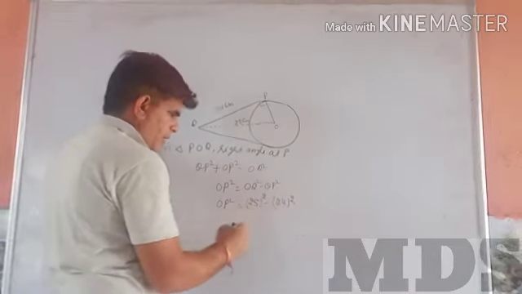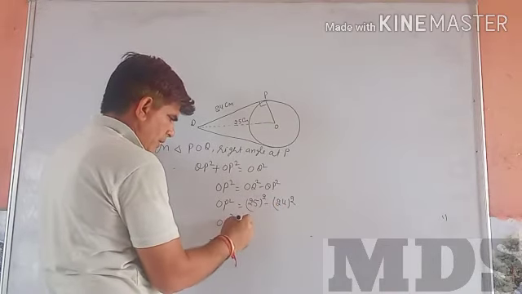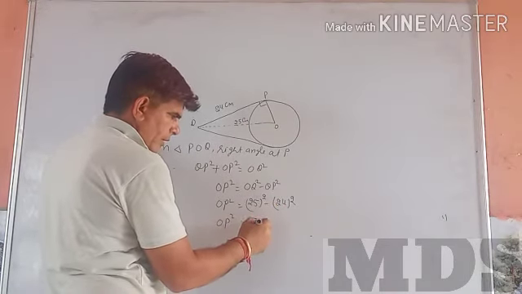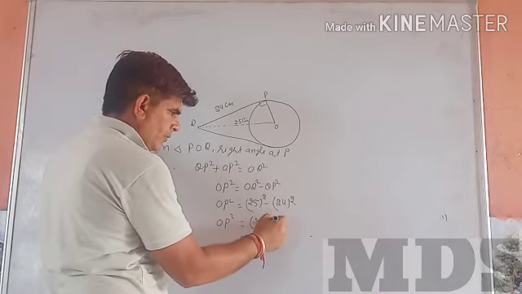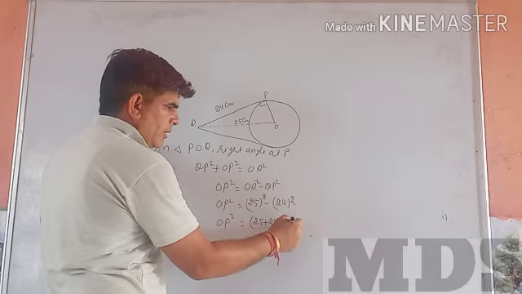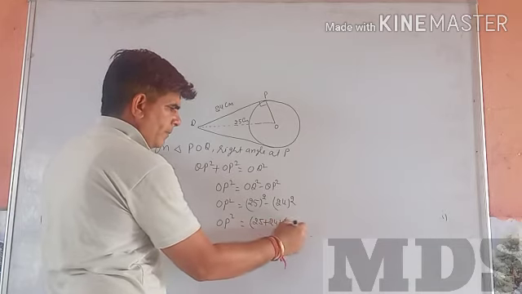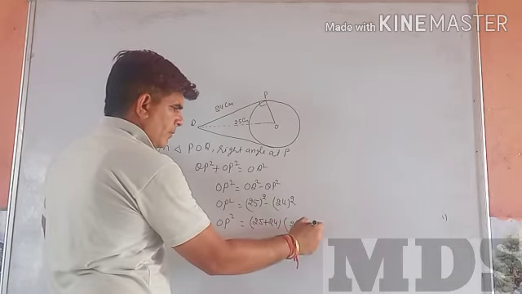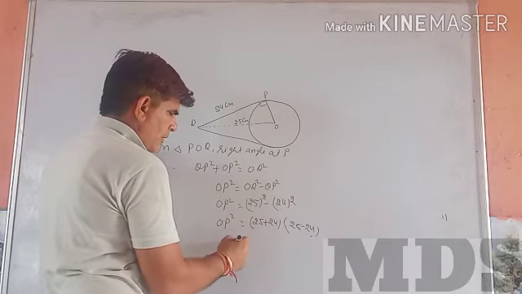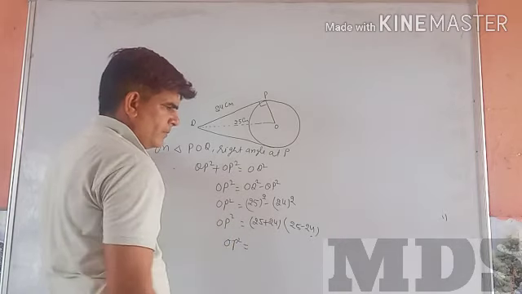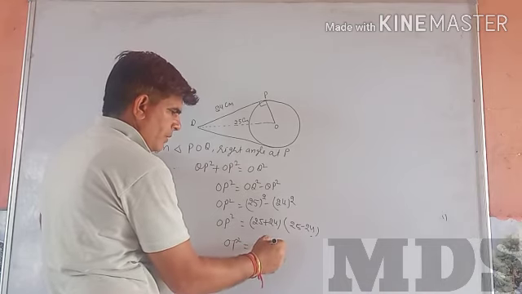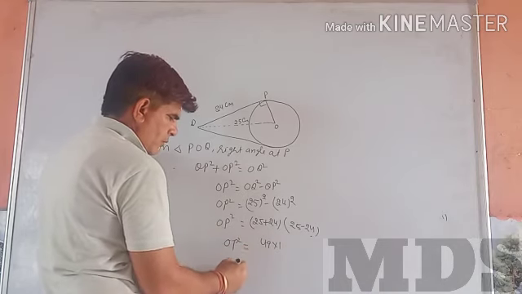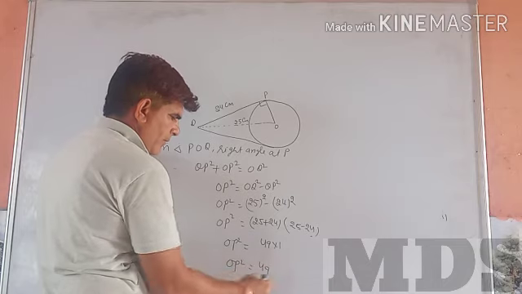A square minus B square, this you can write as A plus B into A minus B. So OP square is what? 49 into 1. OP square equals 49.